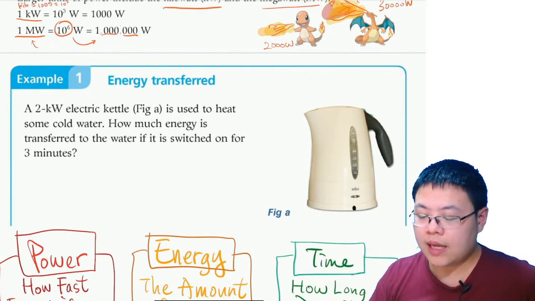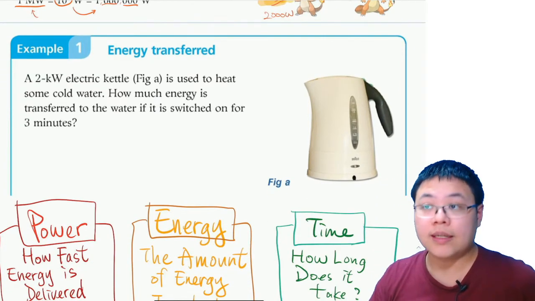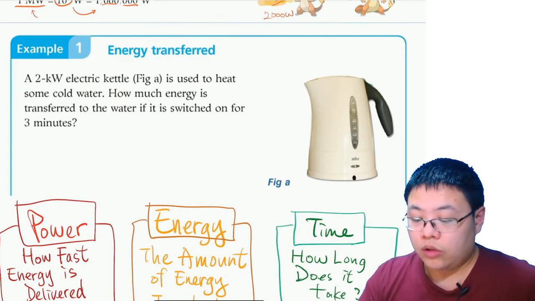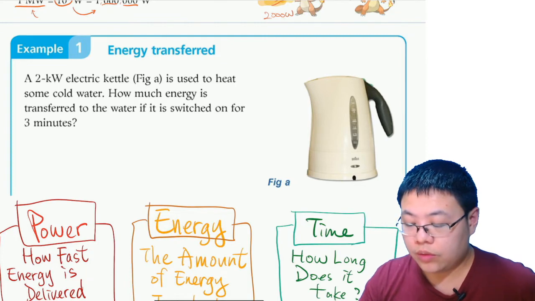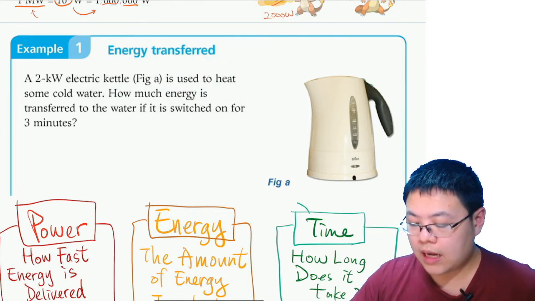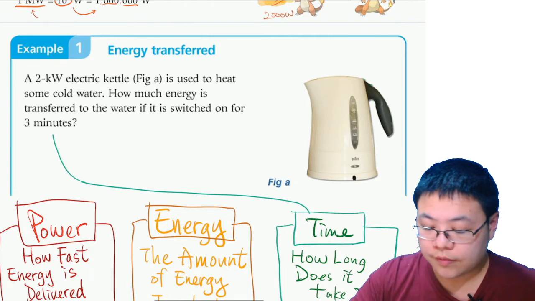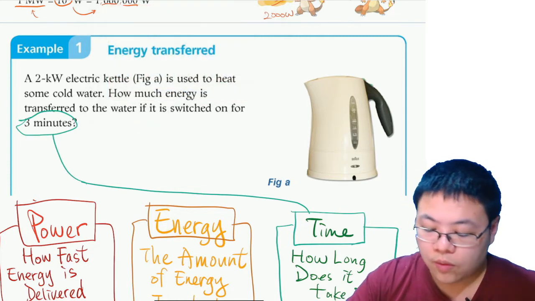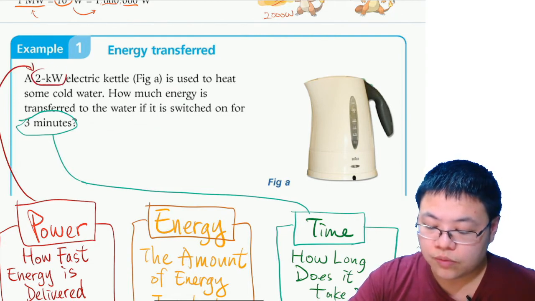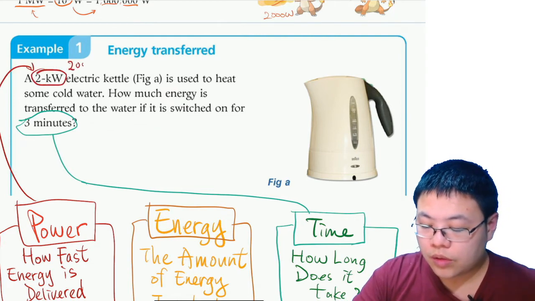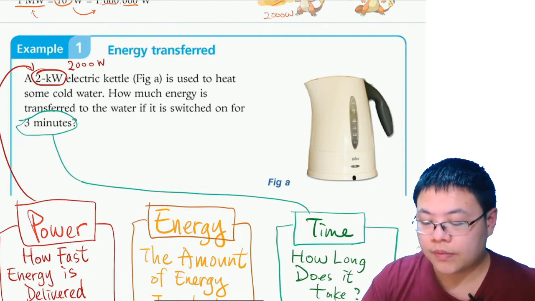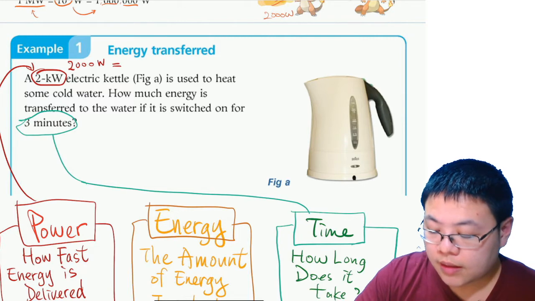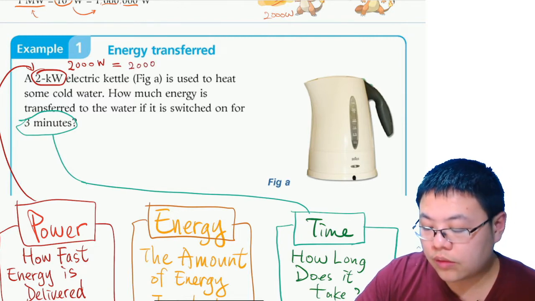Okay, so let's do an example. A 2 kilowatt electric kettle. Time is 3 minutes and power is 2 kilowatts, so this is 2000 watts, and also this is 2000 joules per second.